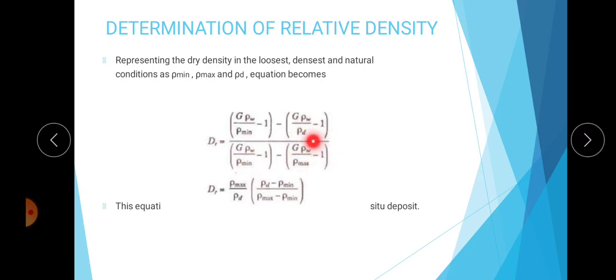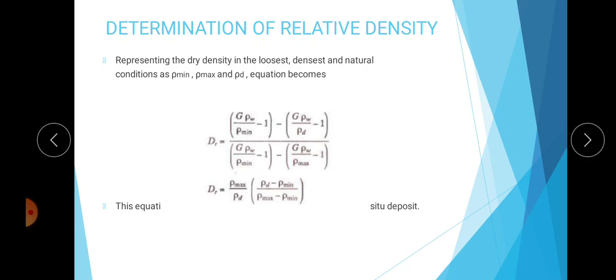E minimum means this is the void ratio in the densest state, and in the densest state the density will be maximum. So here rho max. This is the transformation of the previous equation for calculating relative density. Since in the field we cannot measure the void ratio directly, we are changing the equation of void ratio in terms of density. By measuring density we can calculate the relative density.